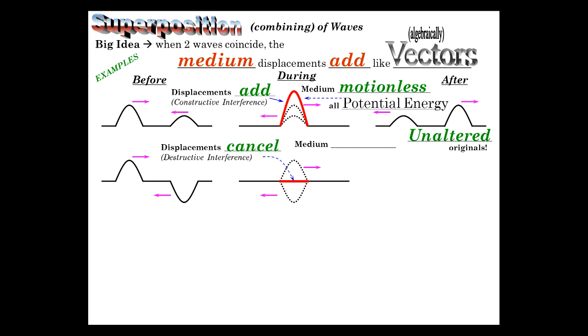Anyway, here is maybe something that's surprising. Even though the medium is undisturbed in terms of displacement at that moment, it is moving very quickly. In fact, this is the direction of motion on the right side and on the left side. That's the direction the medium is moving. And that's certainly understandable, right?